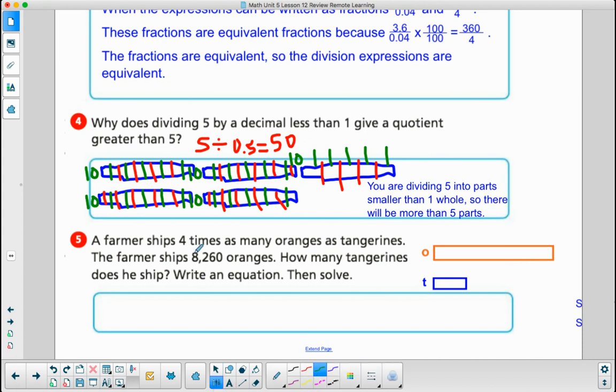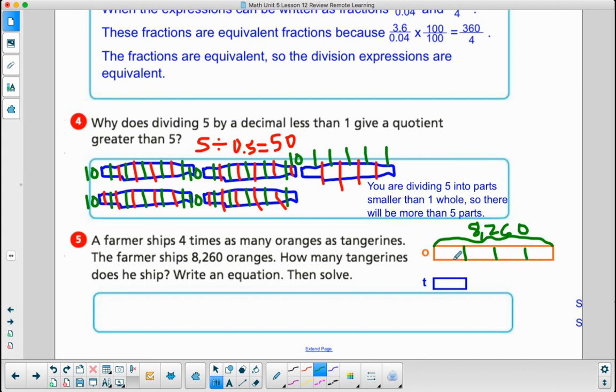Then it says I have 8,260 oranges. And since tangerines, how many are tangerines? Well, there's 4 groups of tangerines in there.